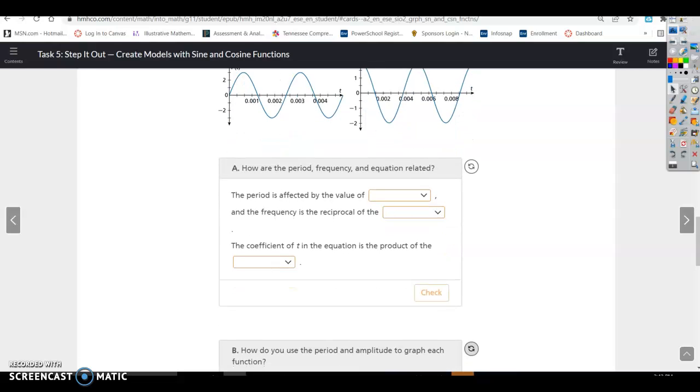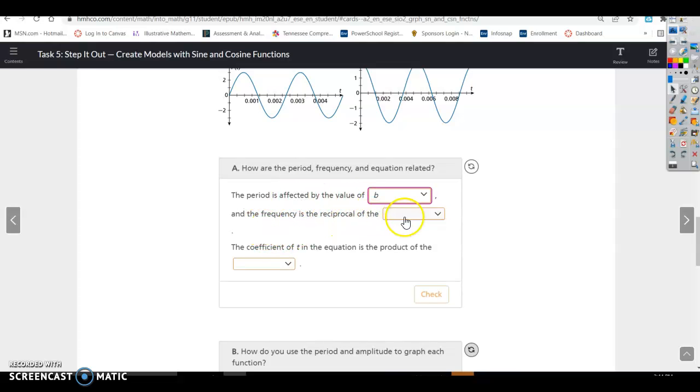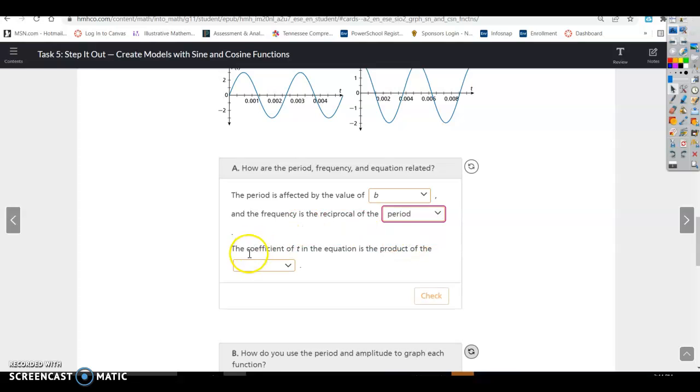It says, how are the period, frequency, and equation related? The period is affected by the value of b, and the frequency is the reciprocal of the period. The coefficient of t in the equation is the product of the frequency and 2 pi.